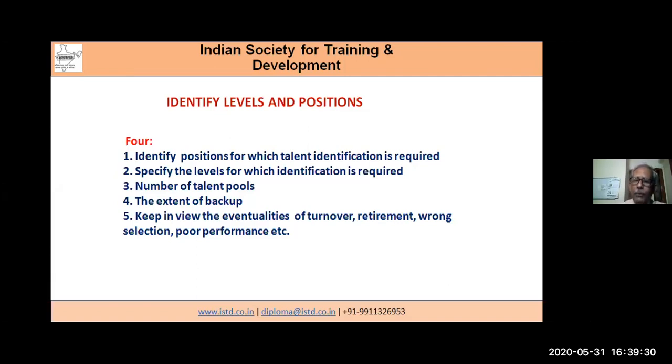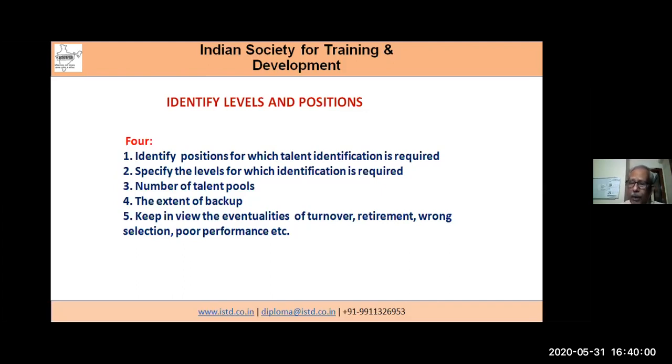Who are the people who are going to retire? If we say we will have a pool of 10 people, then we must be very clear about how much we really are going to require, keeping all these eventualities in mind. Also, sometimes the earlier selection was wrong. The people are selected wrongly, so he will be useless for the organization. So we have to keep a backup for that.